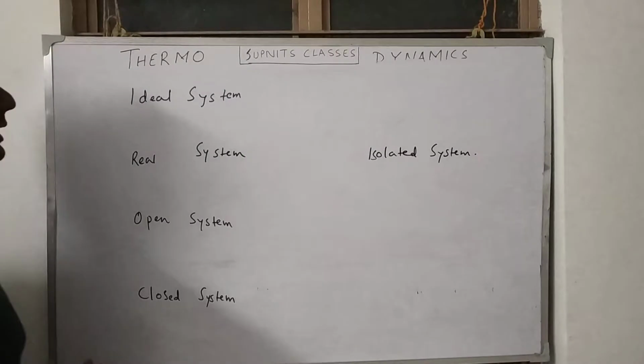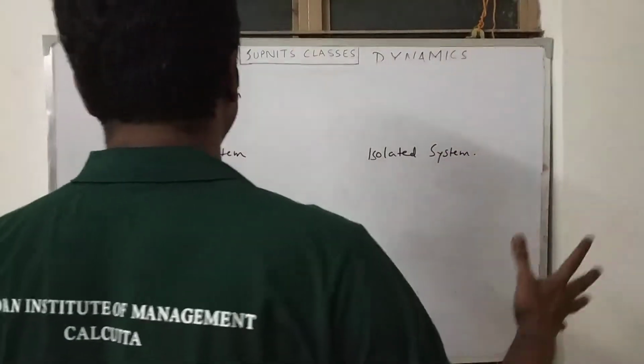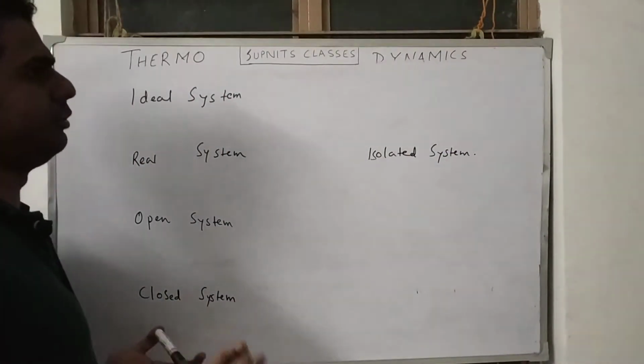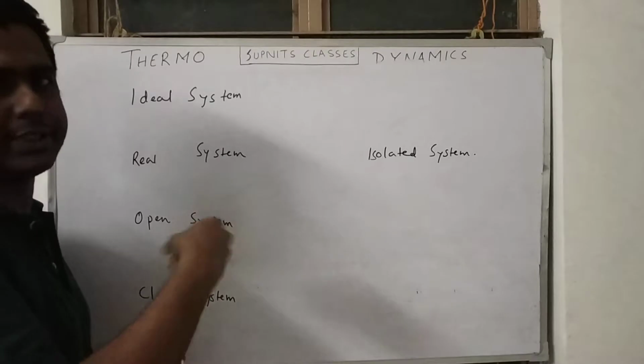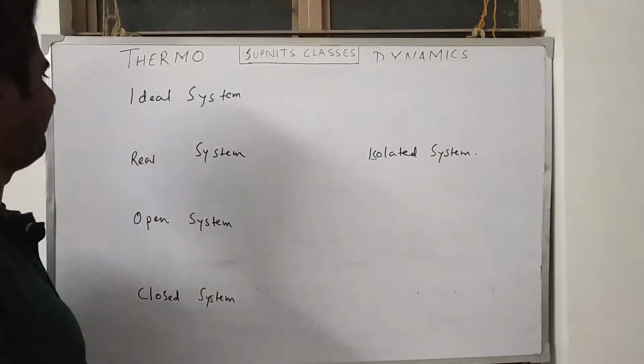So we'll be discussing these systems one by one so that we get a fair amount of idea of what are the systems that we are going to study, or we are going to get these names time and time again. So you have to understand what does it really mean.